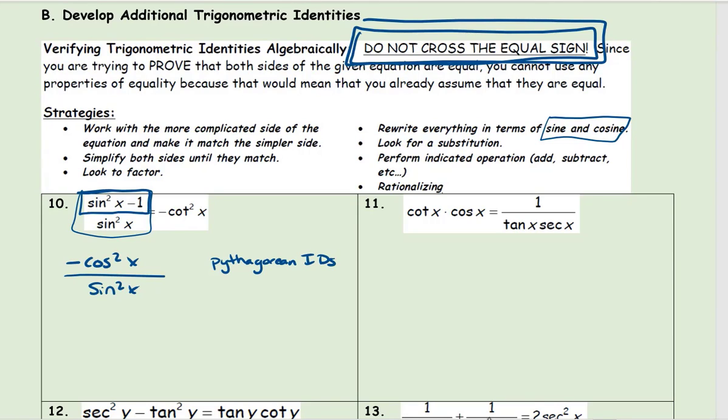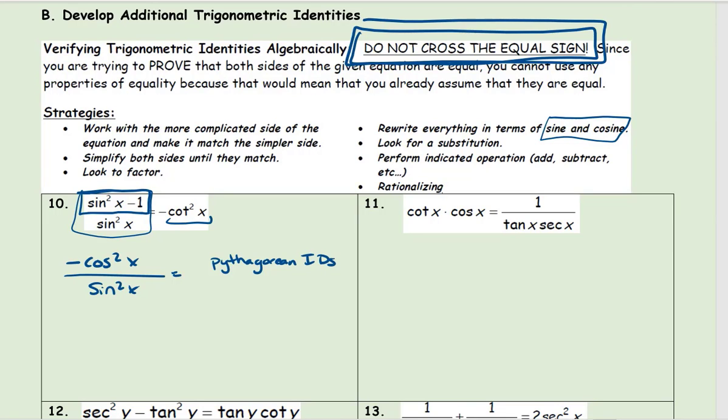I'm going to keep track over here of what identities and what things we're using in order to solve. So now we have negative cosine squared x over sine squared x. Well, if you look back up to your quotient identities, cosine over sine is cotangent. We're looking for negative cotangent squared x.